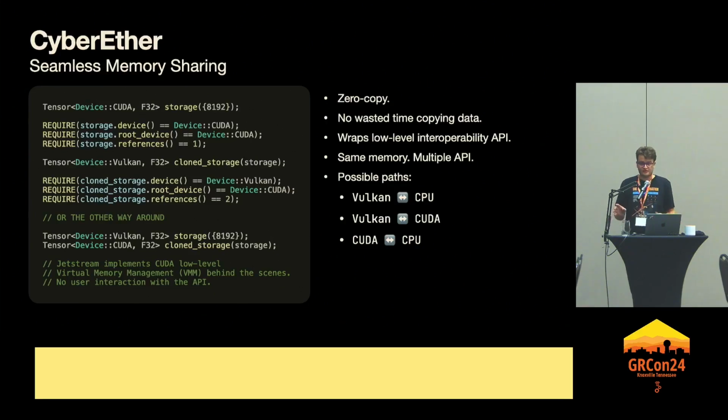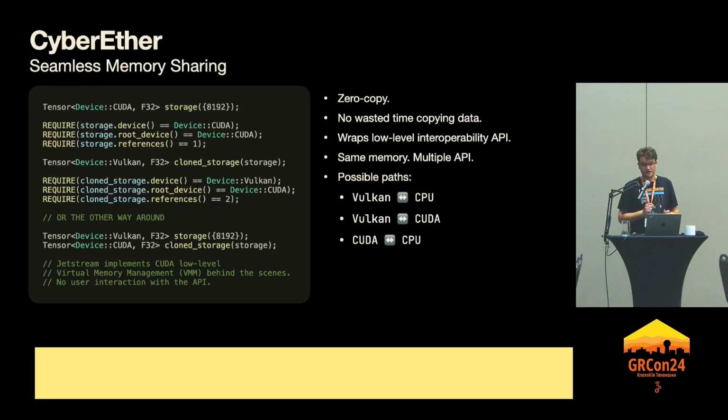If you want to use that same memory on Vulkan, you can just create another tensor, but this time you say Vulkan instead of CUDA, and then you pass the CUDA tensor to the constructor of the clone storage, and then that data will be mapped using CUDA low-level virtual memory management to Vulkan.